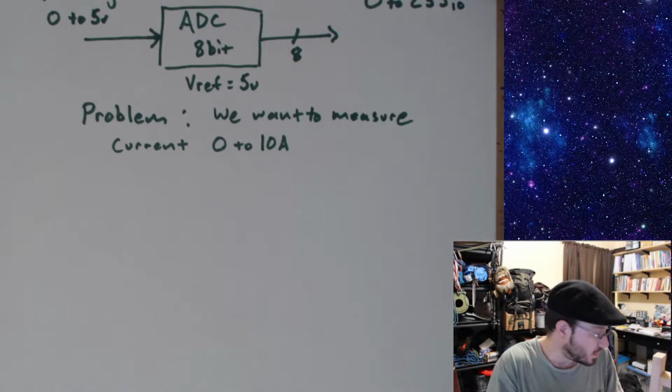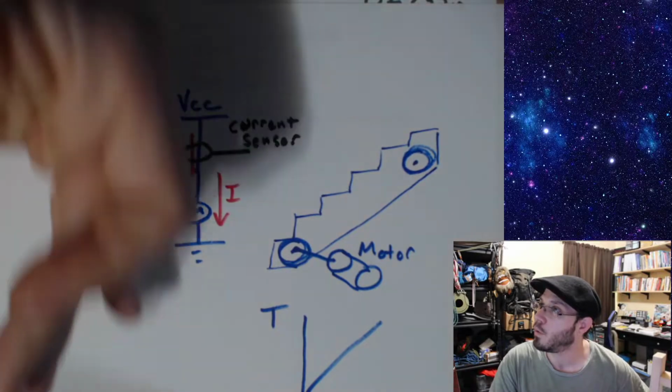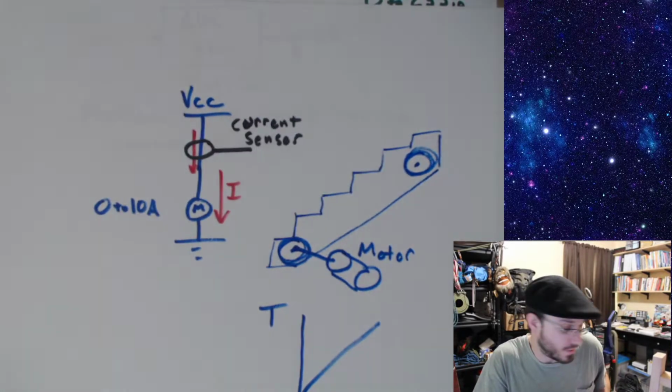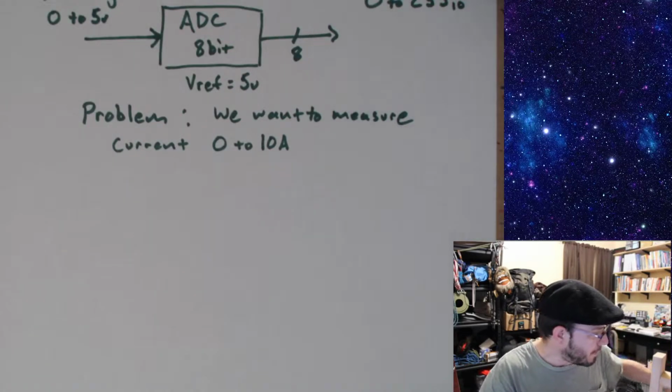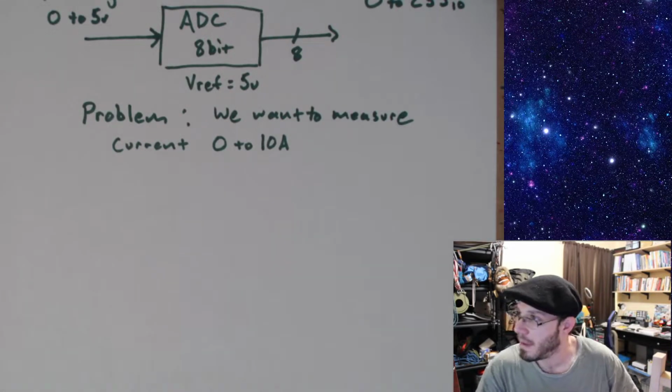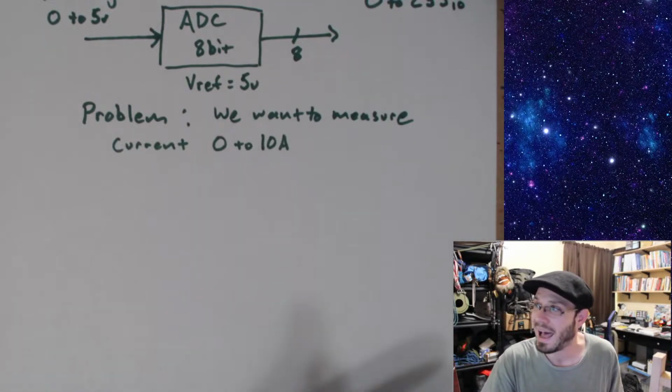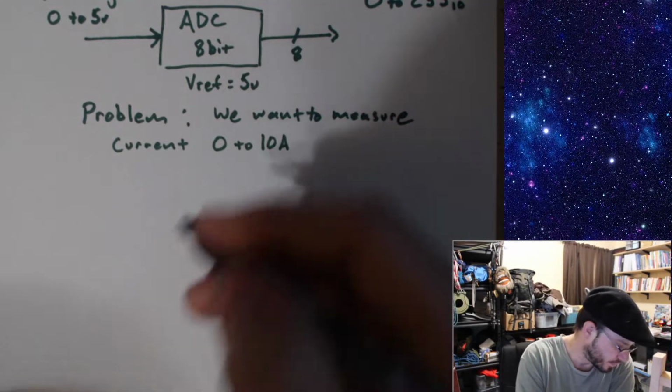Most current sensors are designed such that they measure current not only going in one direction, which would be positive, but also going in the other direction, which would be minus. Because if I'm going to make a current sensor as a manufacturer, why would I make a part that's limited to only half of my values?